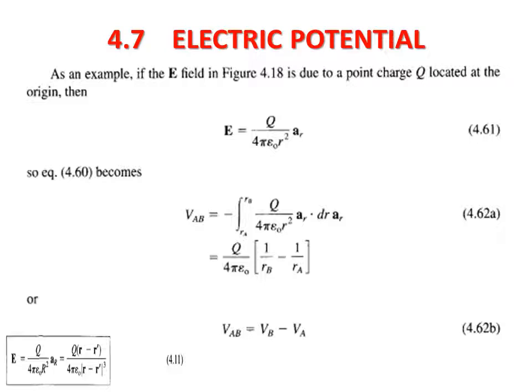So equation 4.60 becomes VAB = -∫ from RA to RB of Q/(4πε₀R²) aR · dR aR. If we simplify that, we get VAB = VB - VA. This is the basic formula for electrostatic field intensity, which we have studied in the previous lectures.